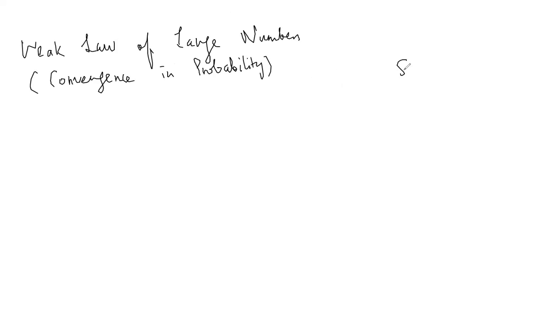So the strong law of large numbers implies the weak law of large numbers, because the strong law uses convergence with probability 1, yeah? So it can imply the weak law. This is convergence in probability.